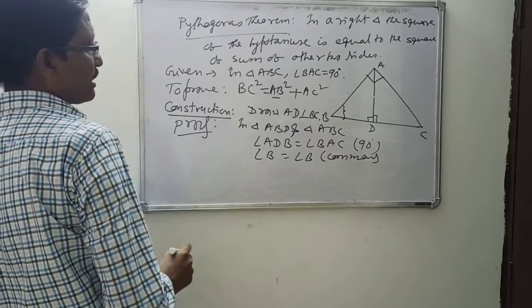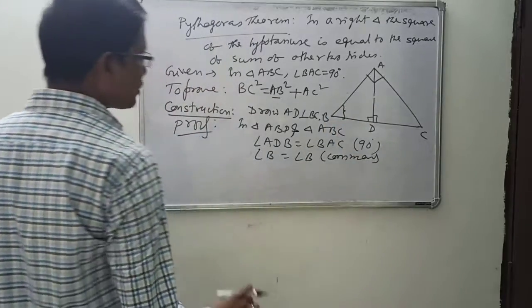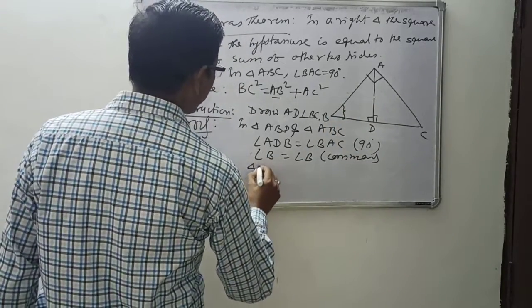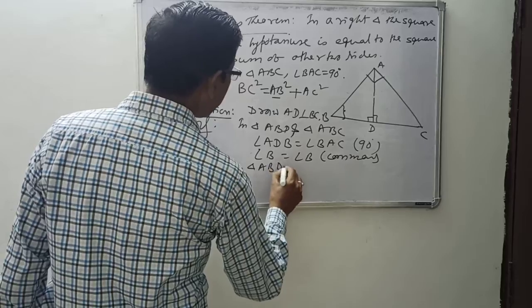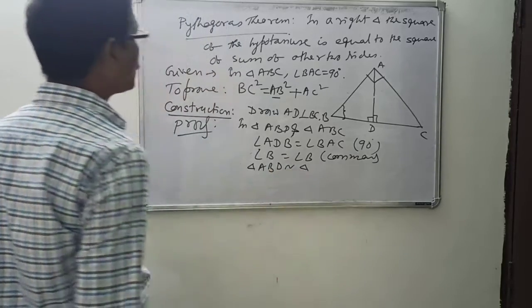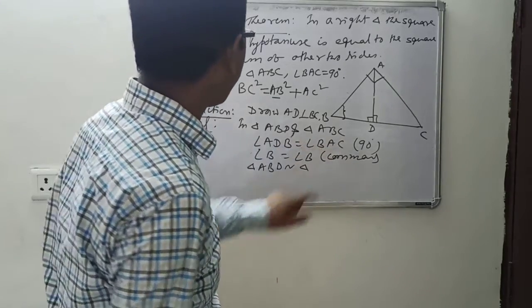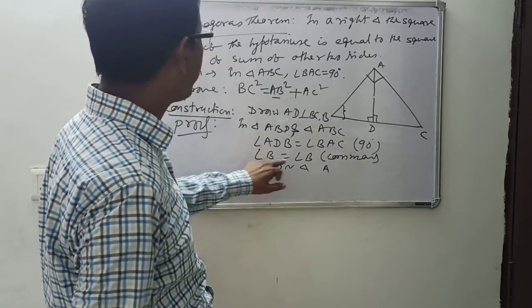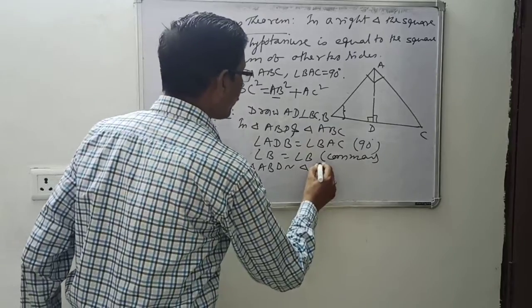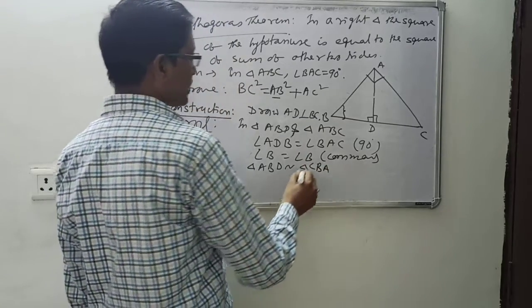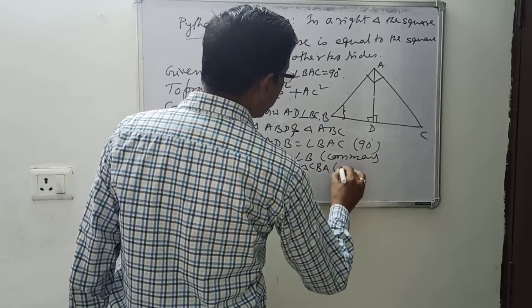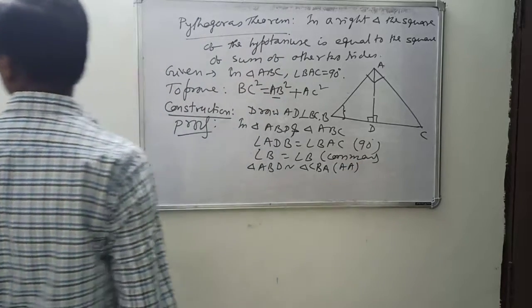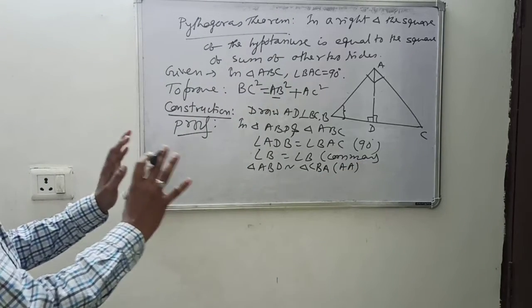Since two angles are equal, the triangle naming must be done properly: triangle ABD is similar to triangle, for D we have A, so D is last it will be A, for B it will be B, and then C first. So triangle CBA, by the angle criterion, these two triangles are similar.